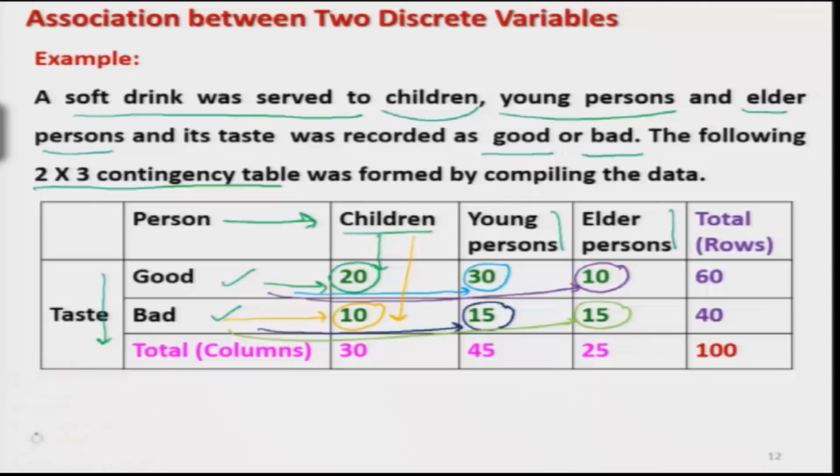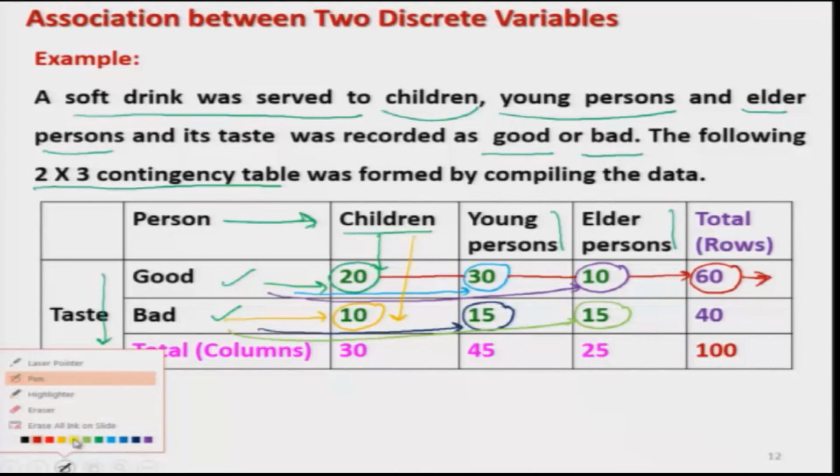Right, okay. Now after this, I try to find out their row sums and column sums. You can see here the sum of 20 plus 30 plus 10 is 60. So this 60 is going to give us the information on the marginal frequency. I can say by looking at this number 60 that there are 60 out of 100 who said that the drink is good.